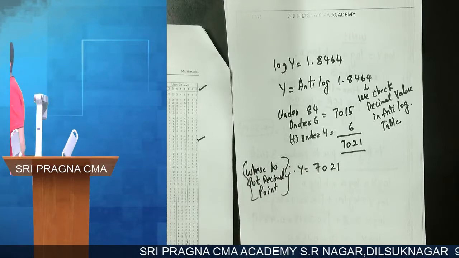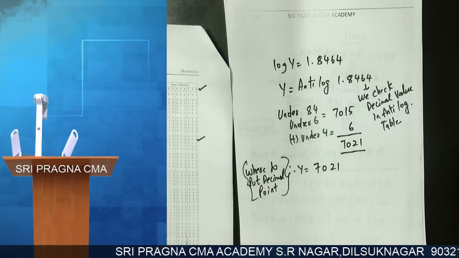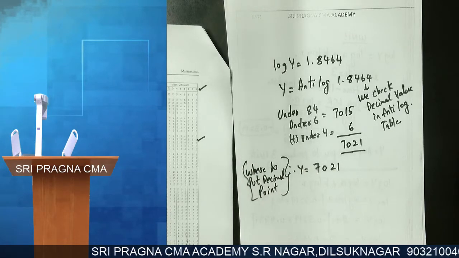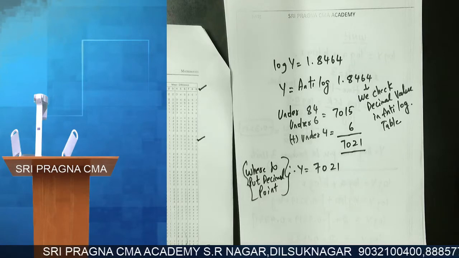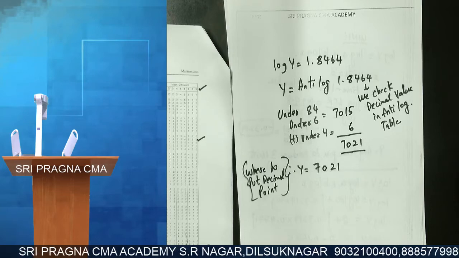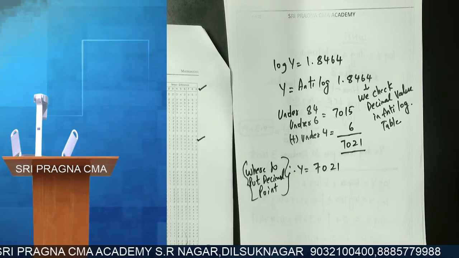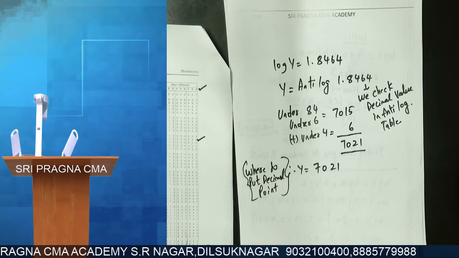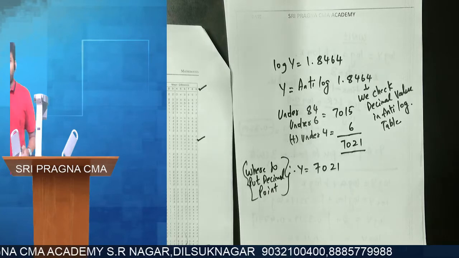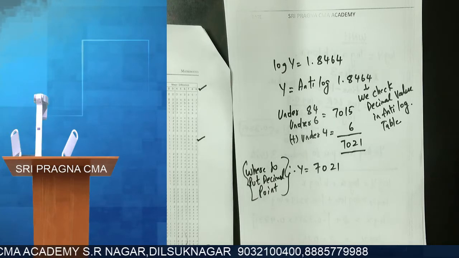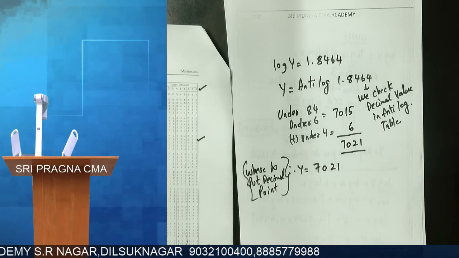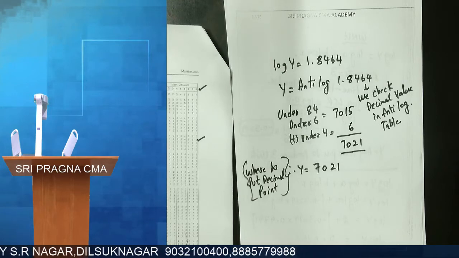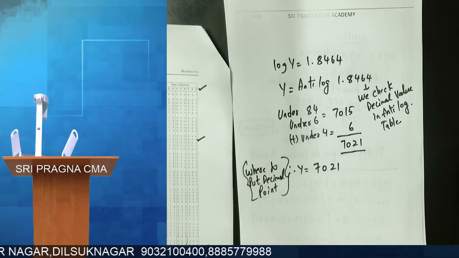Now, how to get the characteristic? Number of digits minus one; here we add 1 because it gets nullified. When will I write 1 point?